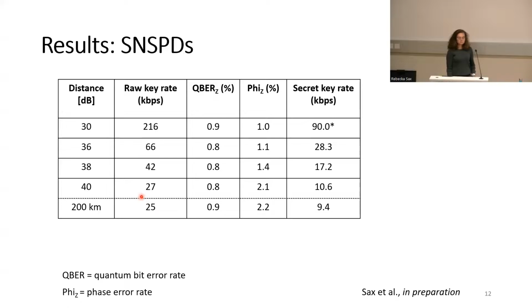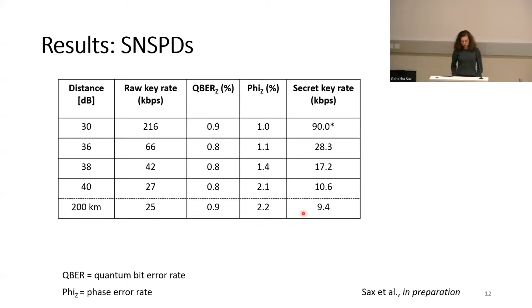This is okay, I think we're slightly underestimating the distance, and we also have some additional losses, maybe from splicing or connectors. However, the QBER and the phase error rate are still quite good, as well as the secret key rate.